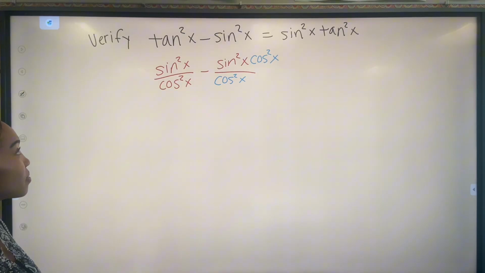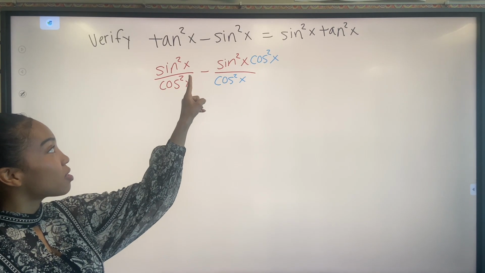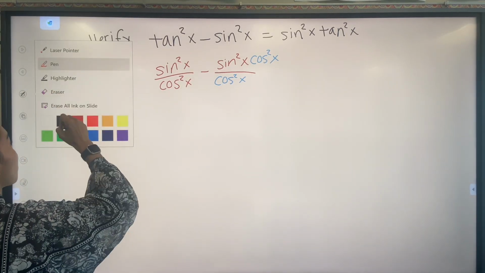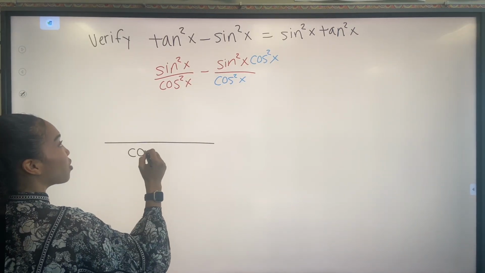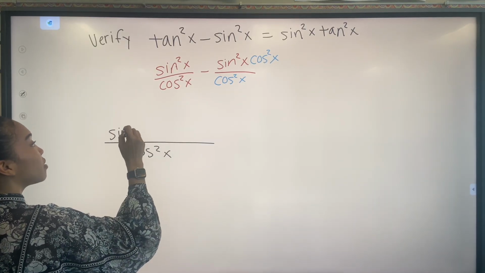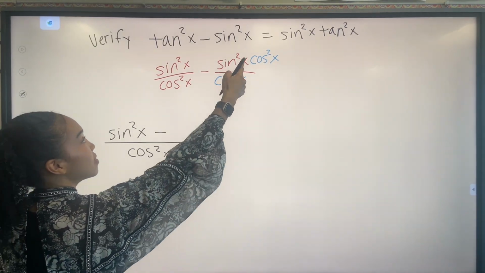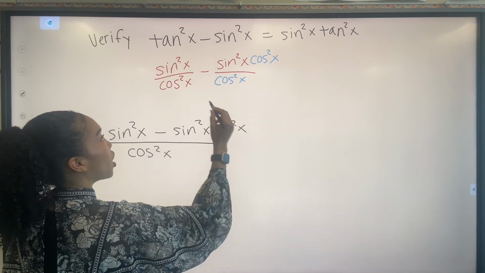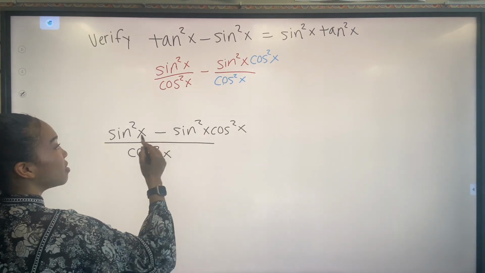All right. So you have your fractions. The denominators are the same. So I can combine this into one fraction. So I have cosine squared x, and I have sine squared minus this. So again, since my denominators are the same, we can subtract these.